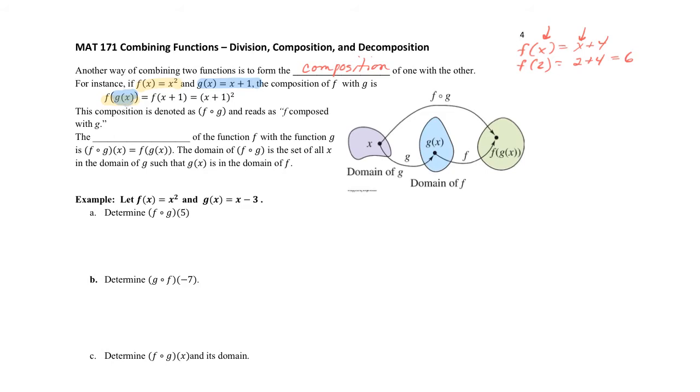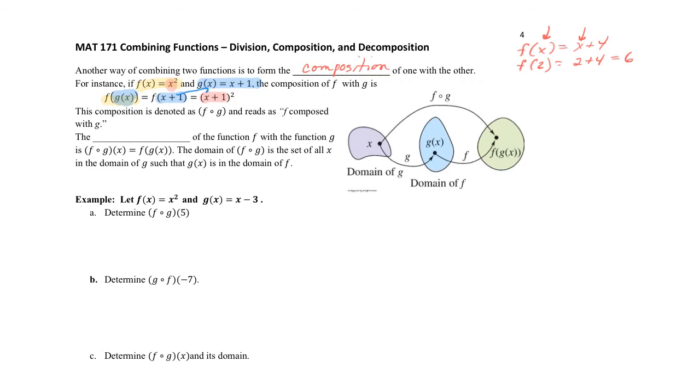So f of g of x would equal f of x plus 1 because x plus 1 is g of x. And so then in my function where f of x is equal to x squared, everywhere there's an x, I would replace it with x plus 1. And so then it becomes x plus 1 squared. And so we read that as f composed with g, or f composed with g of x.